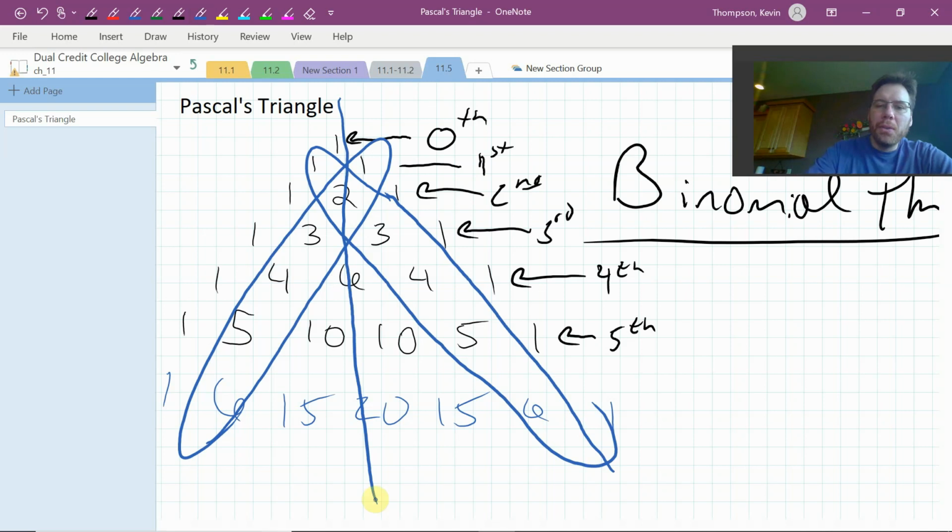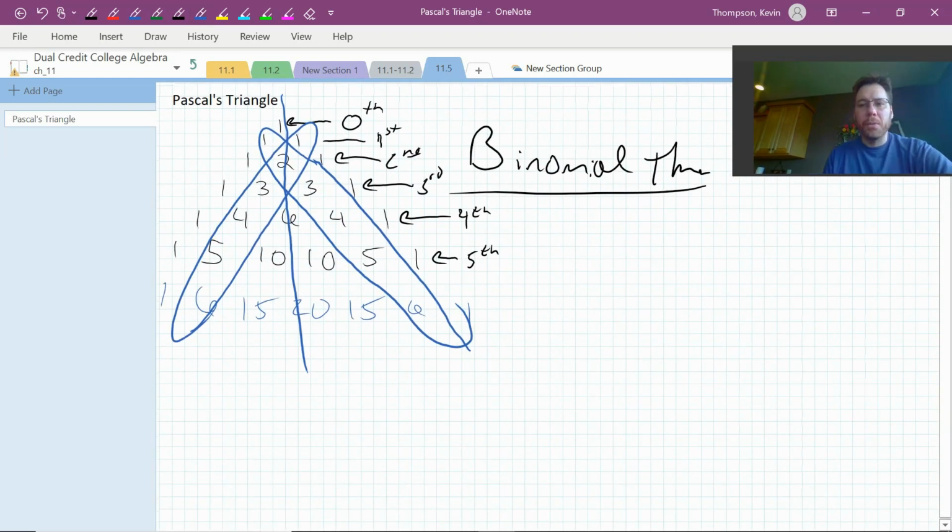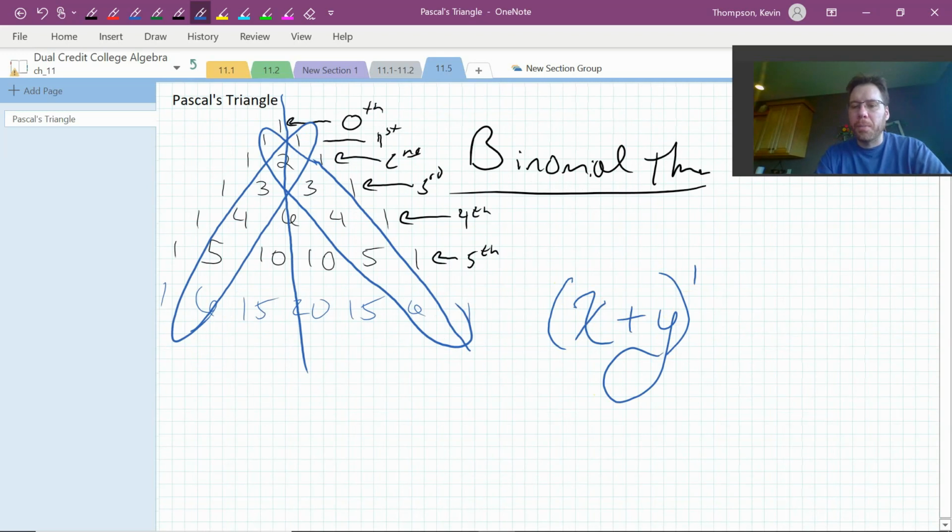And so here's the big connection. Here's the big takeaway of something that we've already done before. If I would ask you to expand, multiply out x plus y to the first power, that's not a lot of work to do. We would just write x plus y.